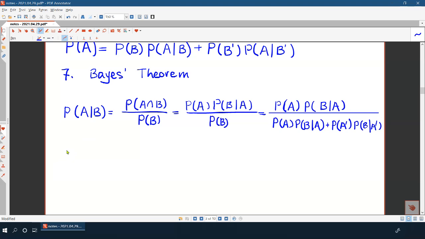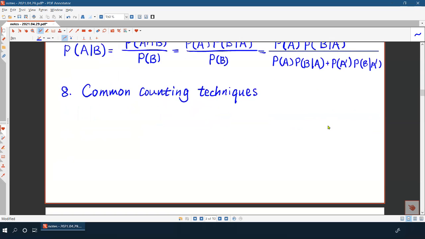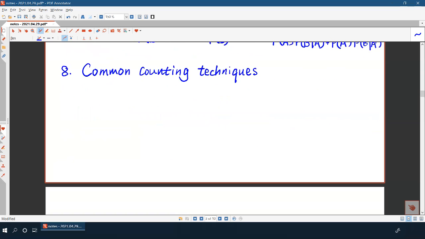Okay, next we have learned some common counting techniques, right? Common counting techniques. First of all, we have learned the rule of product.